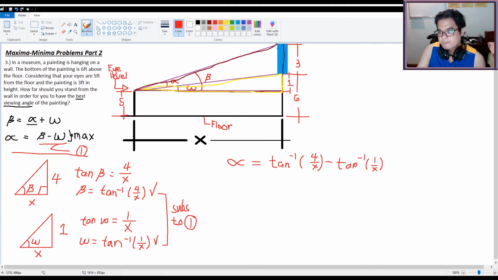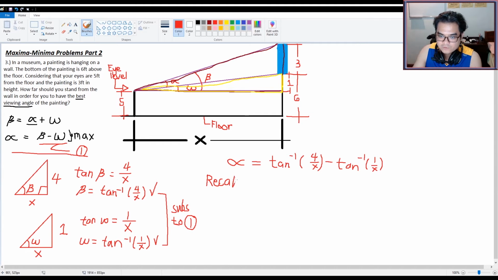Let's just fix this one. That's tangent. And then you have to maximize this. As you can see, we only have one variable. We are able to express this equation in one variable, which is x. So let's do a quick recall.